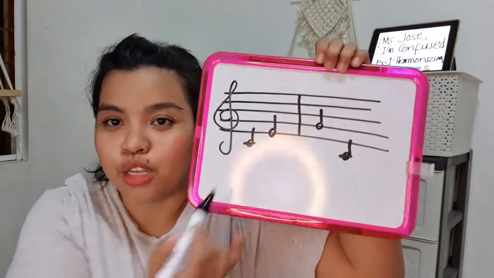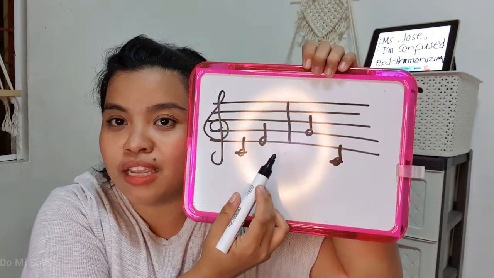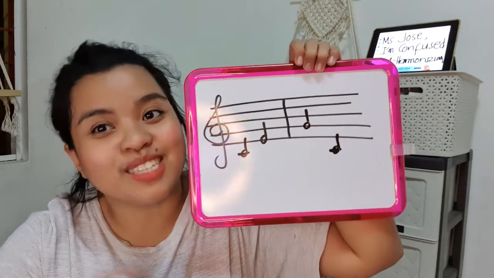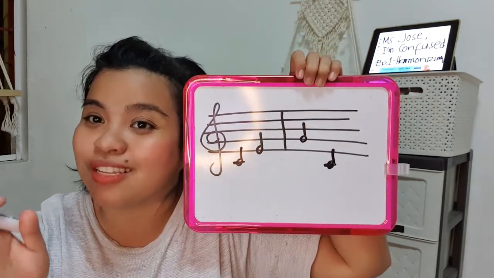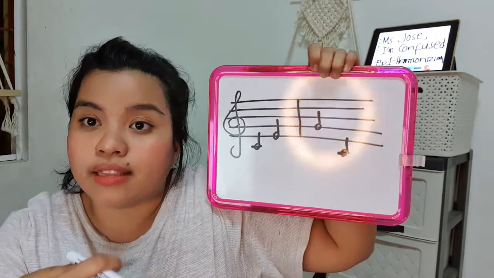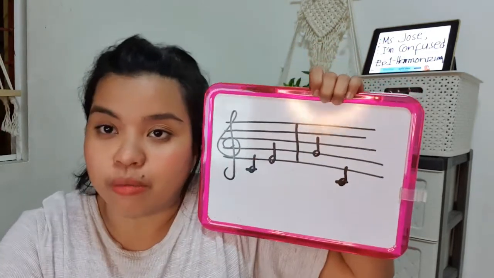Okay, so now that you know what the triad is or how to find the third and the fifth, let's move on to your asynchronous task. Your asynchronous task is this. Do, mi, sol, do. Incidentally, these are the notes of the C major chord. But each of the notes has to be harmonized.